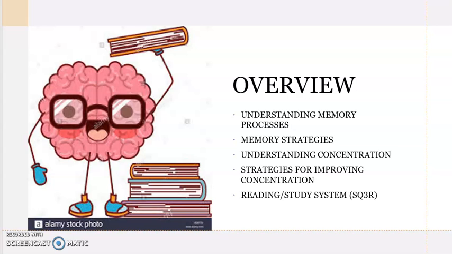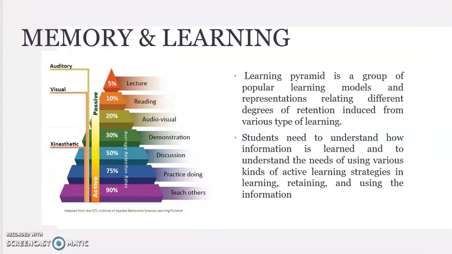Before we proceed to understanding the memory process, let me show you what memory and learning are. As you can see in the picture here, this is the learning pyramid. The learning pyramid is a group of popular learning models and representations relating different degrees of retention induced from various types of learning.